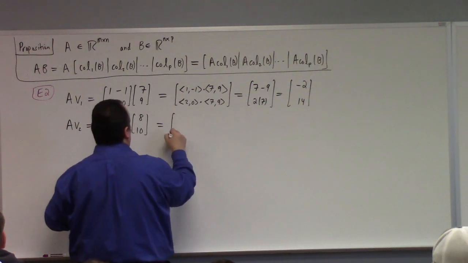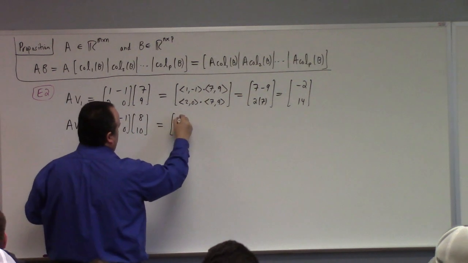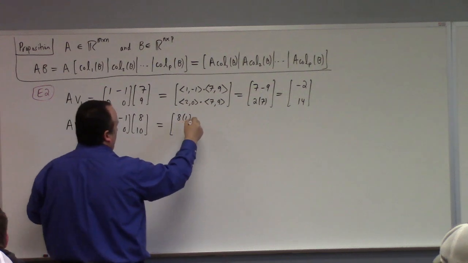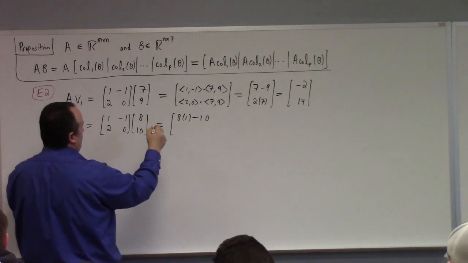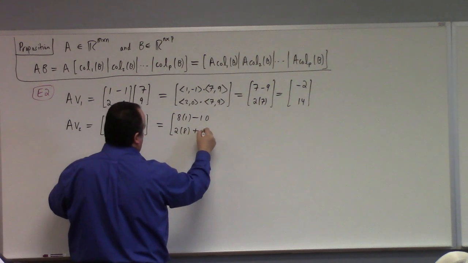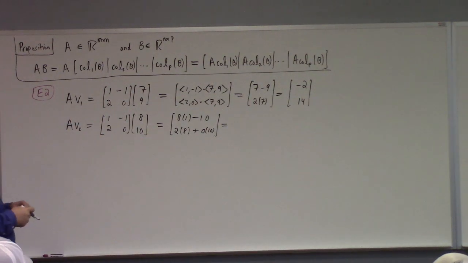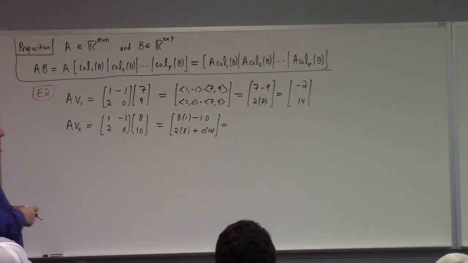And for this one, I do 8 times 1 minus 10, and I do 2 times 8 plus 0 times 10. So what's that work out to?